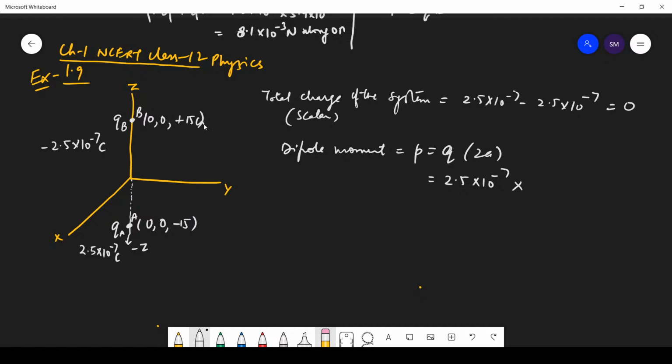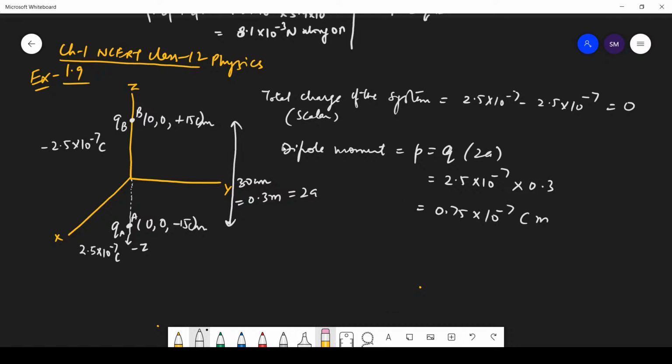This is in centimeters, right? So 15 centimeters plus 15 centimeters, the distance between them is 30 centimeters, and 30 centimeters equals 0.3 meters. So that is our 2A. So 0.3, and this comes out to be 0.75 × 10⁻⁷ coulomb meter.